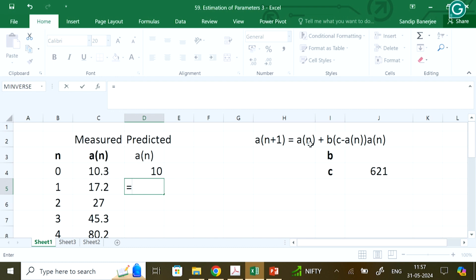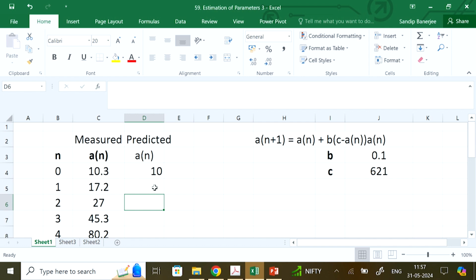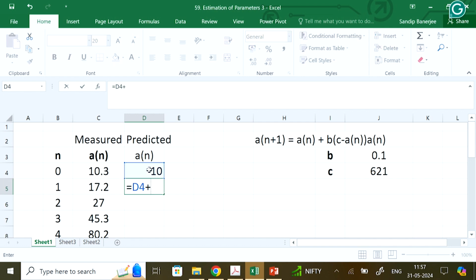If I put 0 here, it is a_1 = a_0 + b times (c - a_0) times a_0. This is equal to a_0, which is this, plus b, which is a constant, say 0.1, multiplied by c.